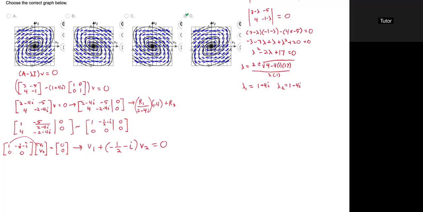So multiplying it by v1 and then v2, and it's equal to this first term of 0. And then the second 0 will come from 0 times v1 plus 0 times v2, which is obviously equal to 0. So because 0 plus 0 is equal to 0. And this gives us the relation that v1 is equal to 1/2 plus i v2. Because negative 1/2 minus i is equal to negative 1/2 plus i.